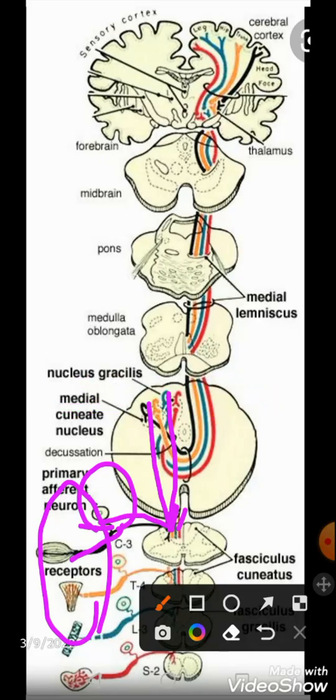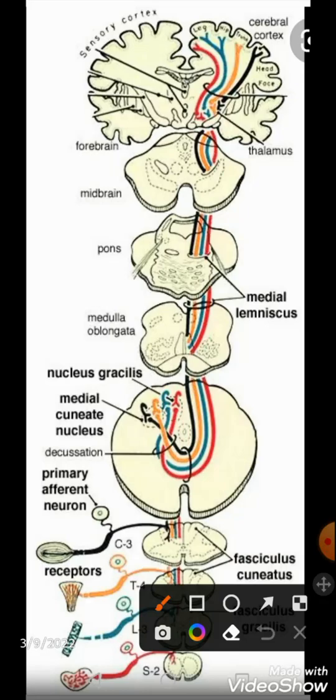Now let me show you what happens next. Let me clear these lines so that I can make it clear once again. The nucleus gracilis and nucleus cuneatus have received the first order neuron, and from here the fibers originate, called internal arcuate fibers.